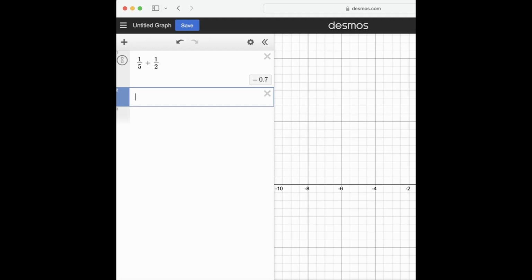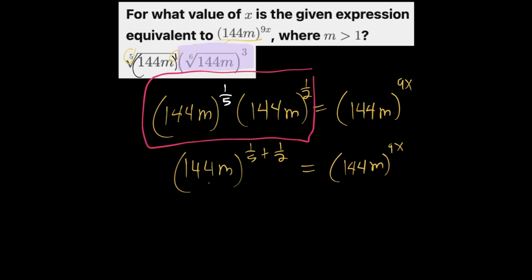That'll naturally give me a decimal, but this button right here, if you click it, turns it back into a fraction, and you get 7/10 there. So this is all 144m to the 7/10 equals 144m to the 9x.